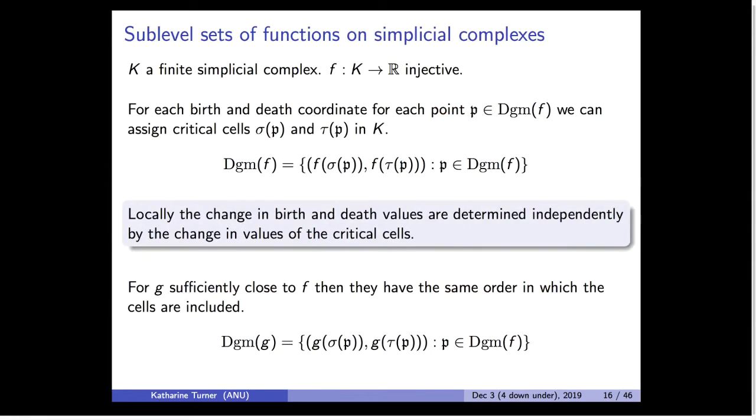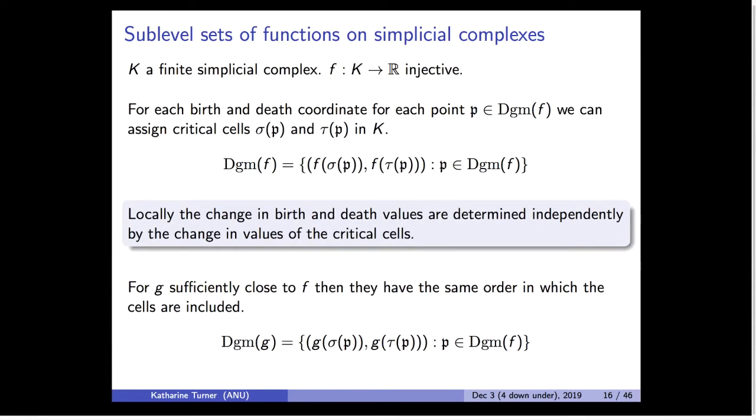So I'll try to make this a little more formal in terms of sublevel sets of functions on a simplicial complex, and this will relate to point 3. If I have a simplicial complex and a function defined over it that is injective, these things can be generalized to where it's not injective, but it's clearest when it is. So every simplex has its own function value.